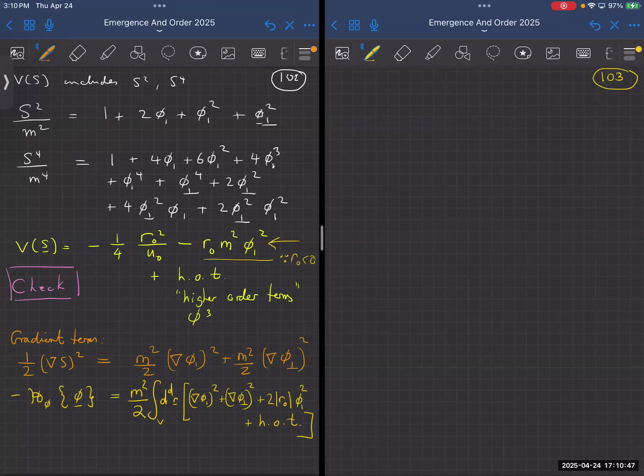So now let's compute what it looks like in Fourier space. We want to write it in Fourier space because we want to be able to read off the correlation functions.